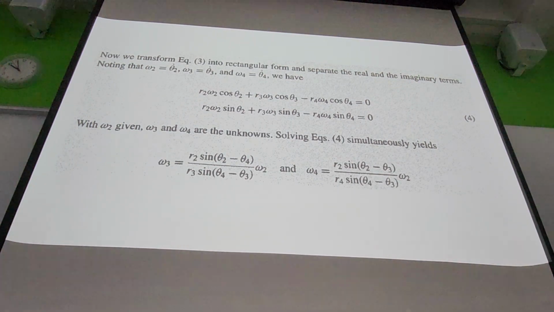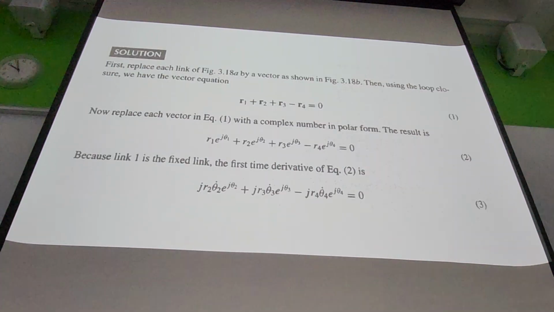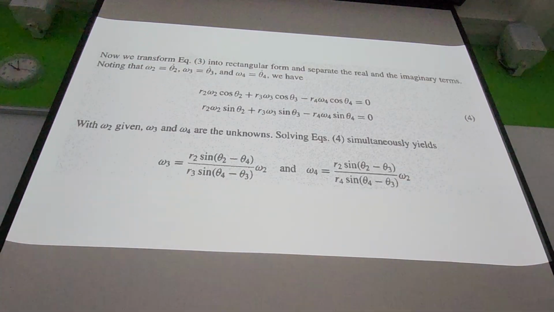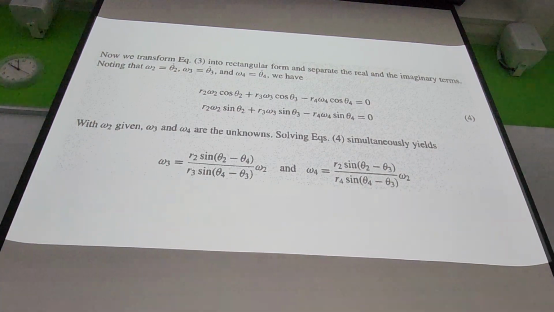So now from this equation you can write cosine terms and sine terms separately. I told you that e power i theta can be written as cosine theta plus i sine theta. So that means your cos theta terms are real, sine theta terms are imaginary terms. So separate all the cosine terms and sine terms.